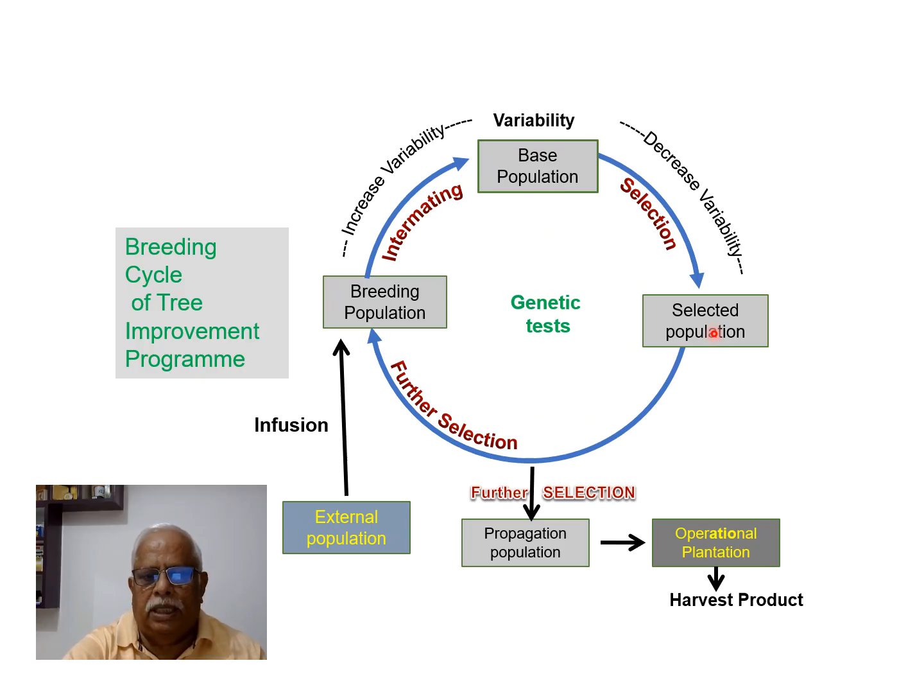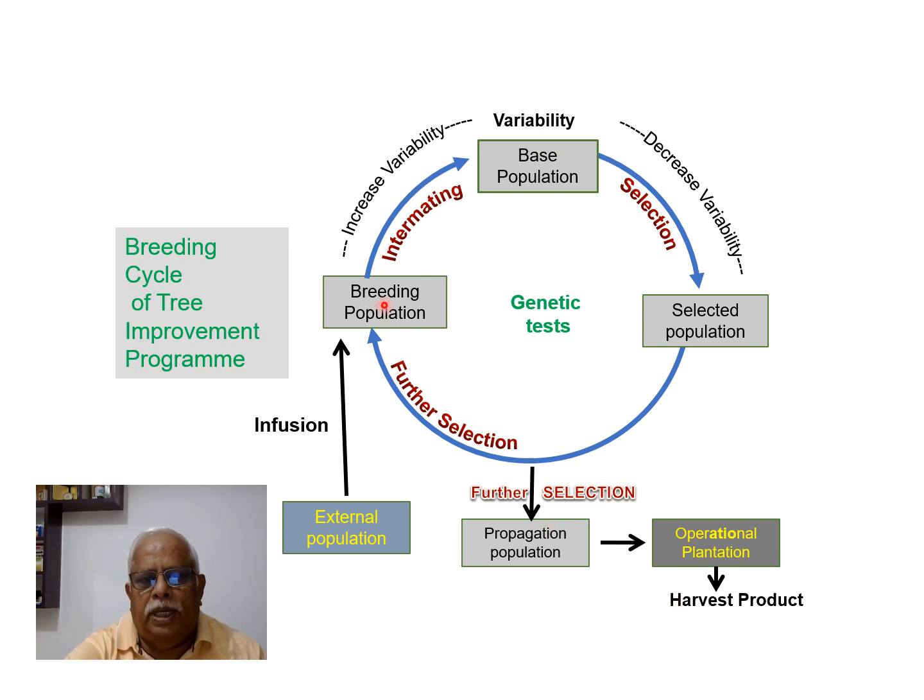In between, when the forest department requires seeds, meantime we establish what is known as the propagation population, which we also call the seed orchards. From these seed orchards, we collect the seeds and use them for the plantation activities.